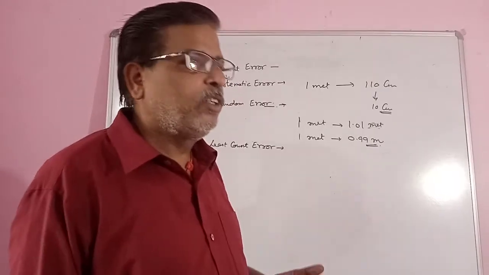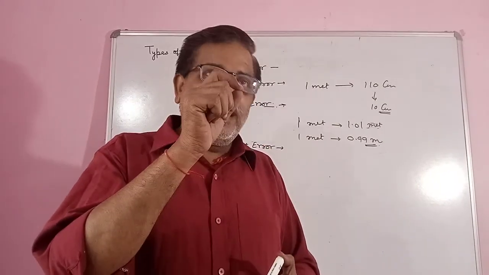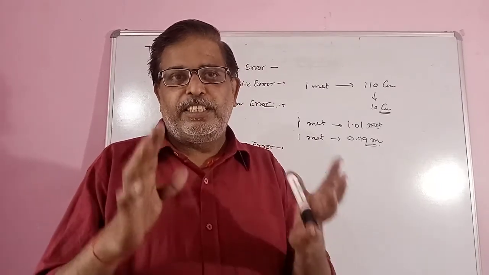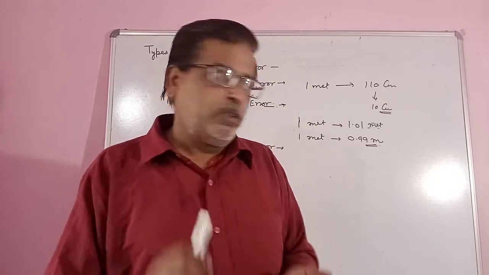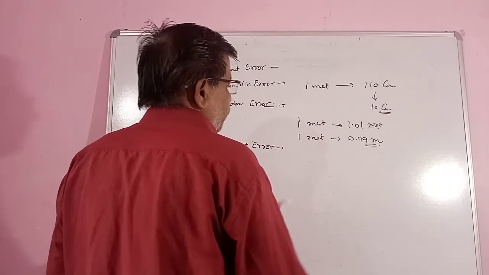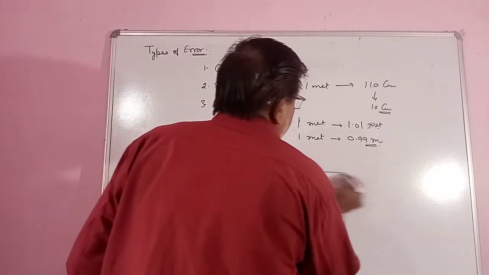By definition, least count is the minimum value that an instrument can measure. Now, in general, suppose we have a meter scale.